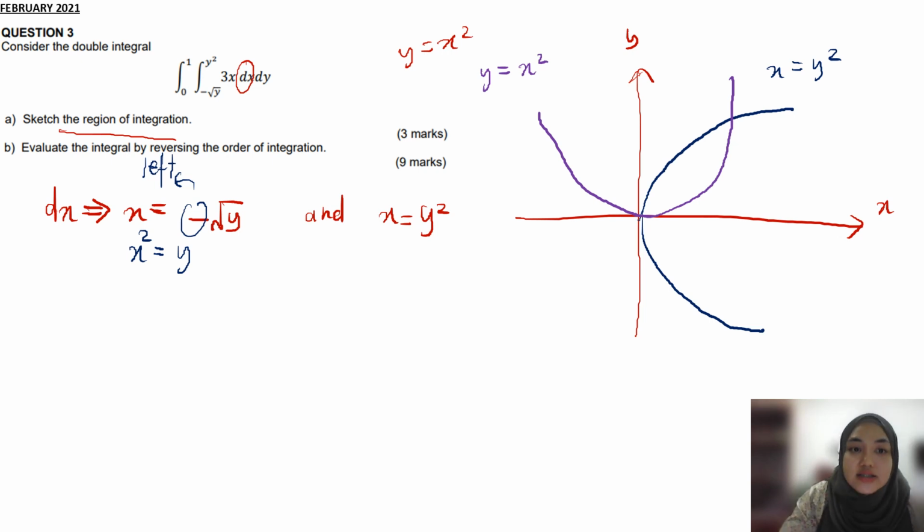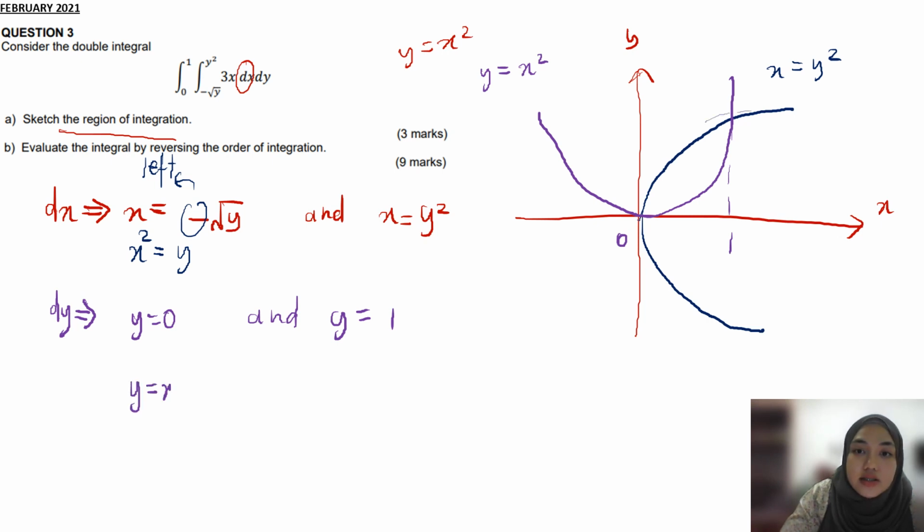Okay, this is y equals to x squared. Since it's left hand side, it's okay. This is for the shaded region. So we continue for dy, y equals to 0 and y equals to 1. Okay, y equals to 0, it's here. 0 until 1. Is it 1? You have to calculate. So how to calculate this intersect? It's the same, y equals x squared and x equals y squared, right? So y equals y squared.